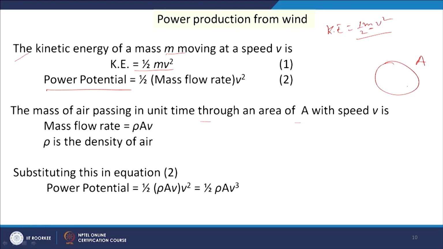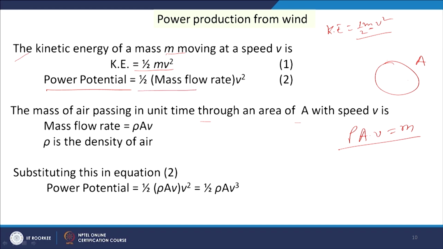Volume of air means area into the linear velocity, so that is A into V, where V is the wind speed. This is the volume of air which is passing through this cross sectional area in unit time. If we multiply it by rho of air, the mass flow rate is equal to rho into A into V.